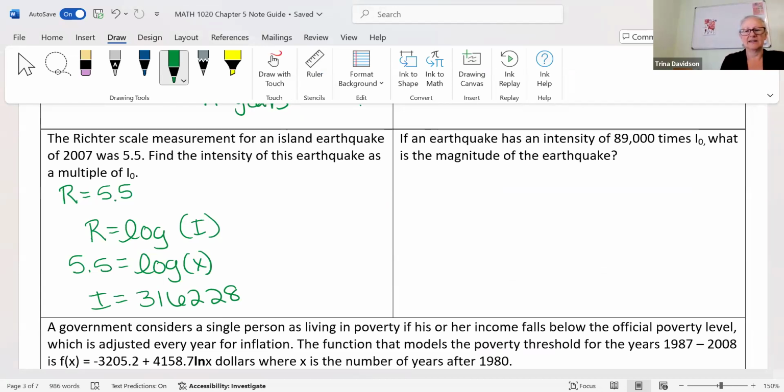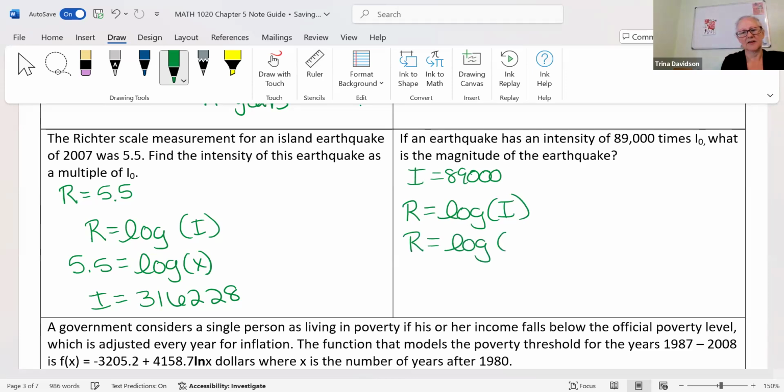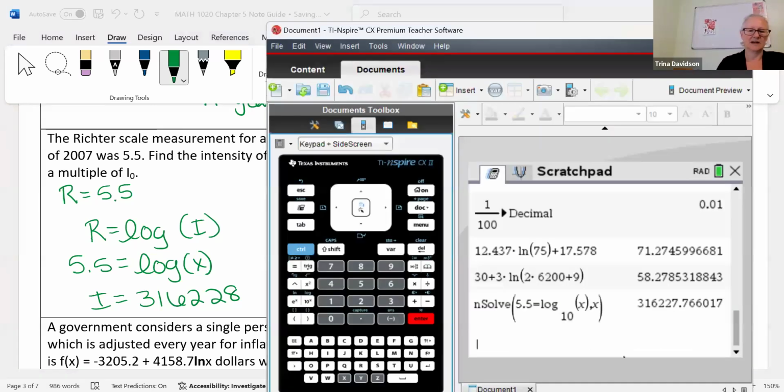All right, so if an earthquake has an intensity of 89,000 times I naught, what is the magnitude, which is the Richter scale? So we need the log of 89,000. We just need to put the right side.